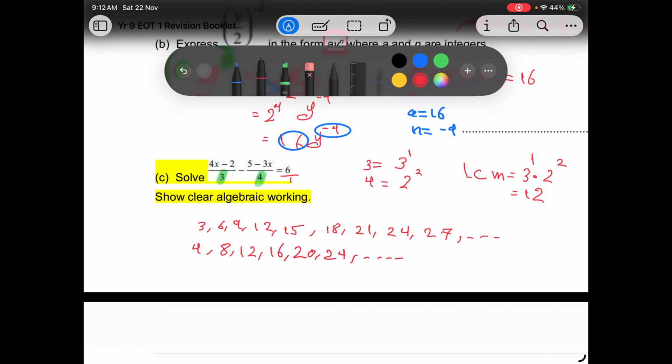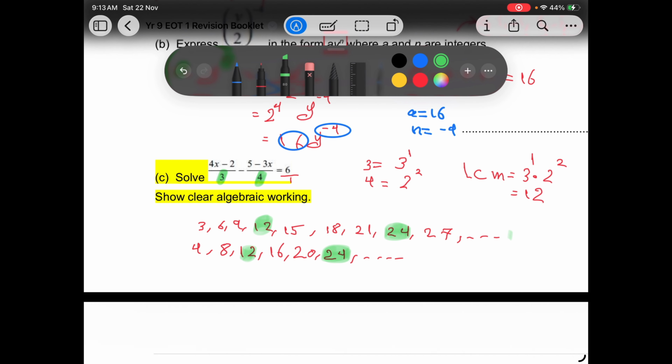You see, while you write the multiples down, you can see here we have 12, and we call this a common multiple. 12 is not the only common multiple we will encounter, because if you move on a bit more, you will find 24 here as well. And there are infinitely many, of course.